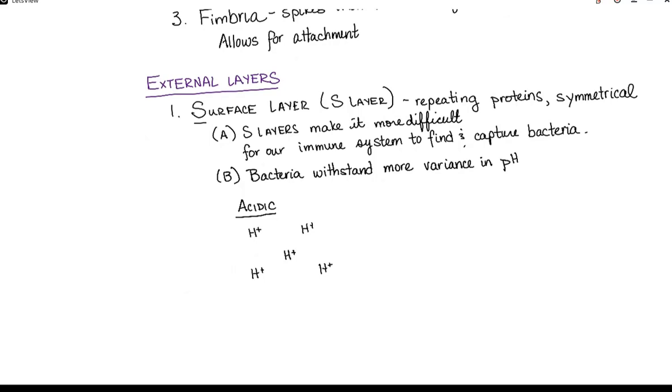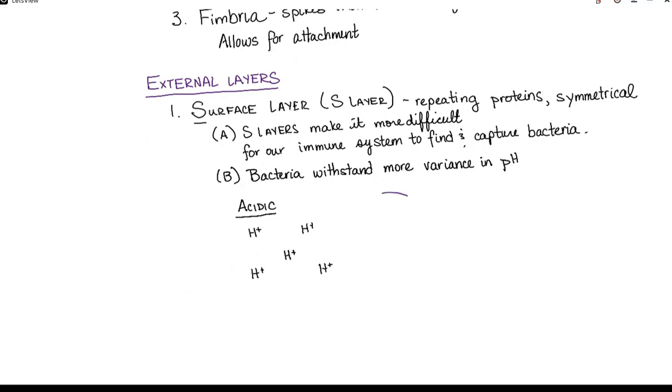And those H+ can denature, and you're going to learn about that too, other proteins in the bacteria. In fact, that's what would be toxic about an acidic environment to bacteria, is that it actually unravels their other proteins. So what the S layer does is the S layer is almost like a bunch of expendable proteins that will become unraveled instead.